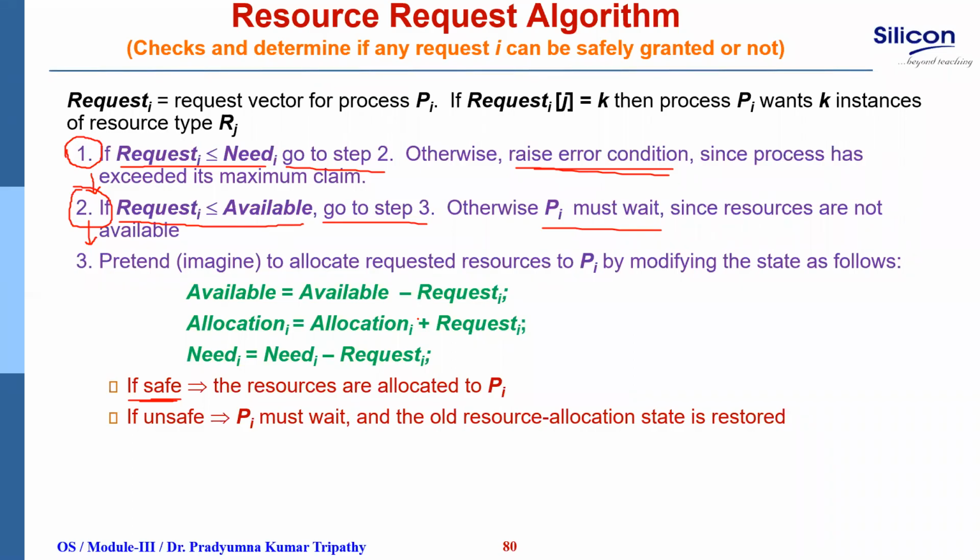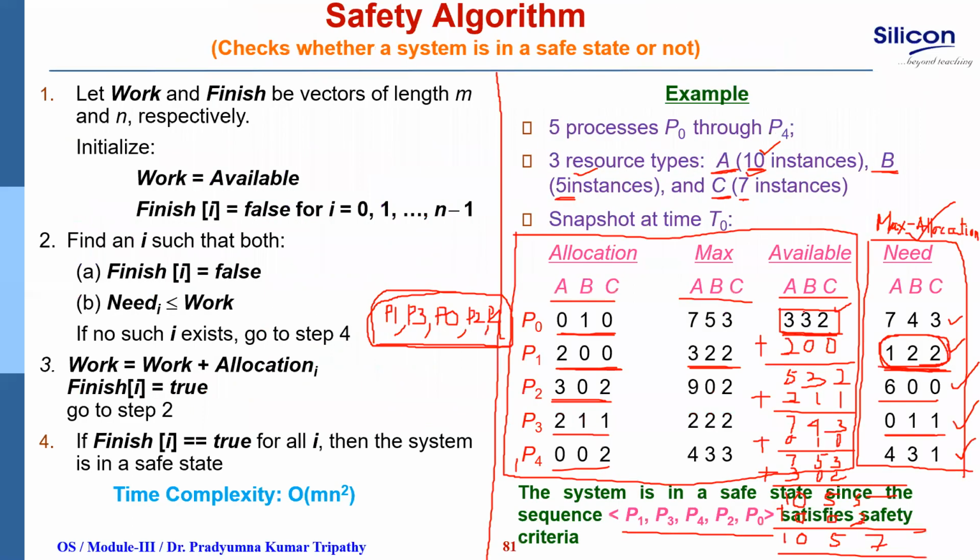Now we'll check whether it is in safe state or not. How do you check? Initially it has not been given to anyone, so suppose initially all are false. We select a process whose value is false and whose need is less than the available, and we allocate it.